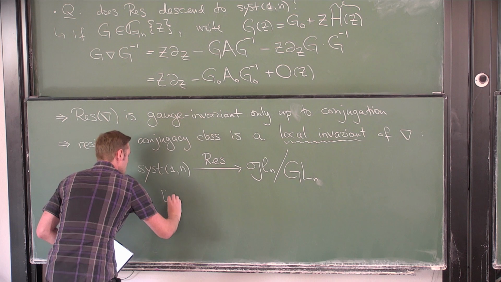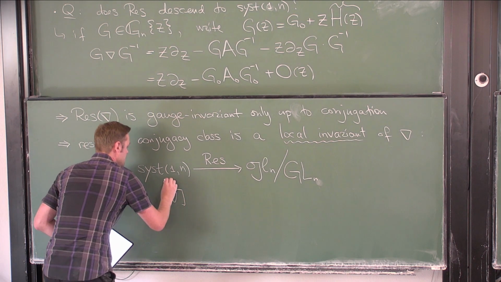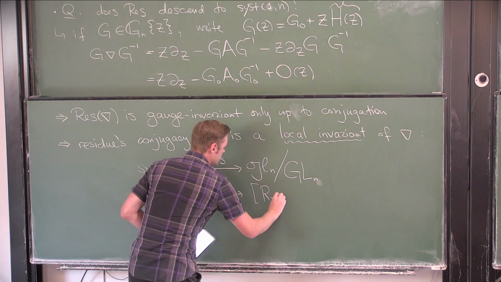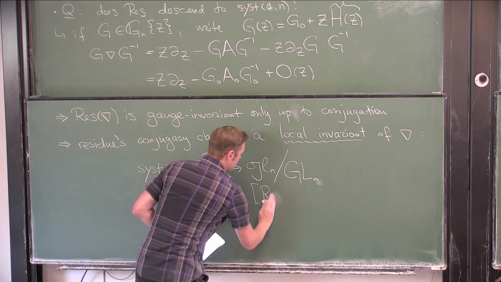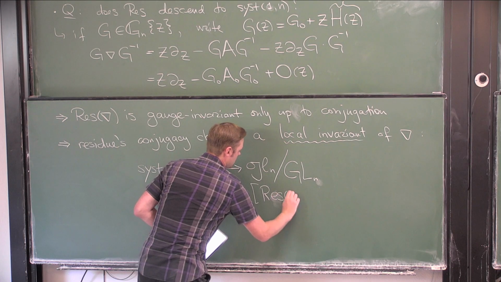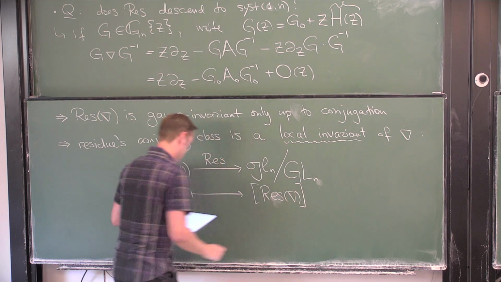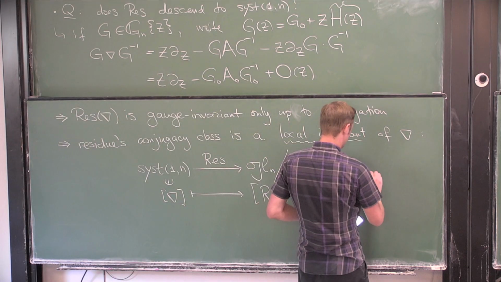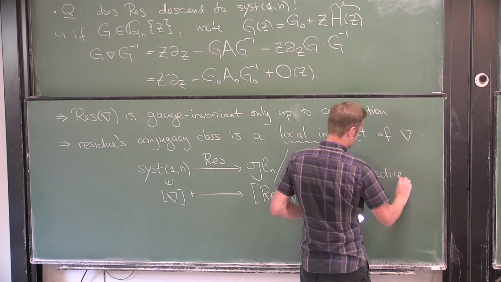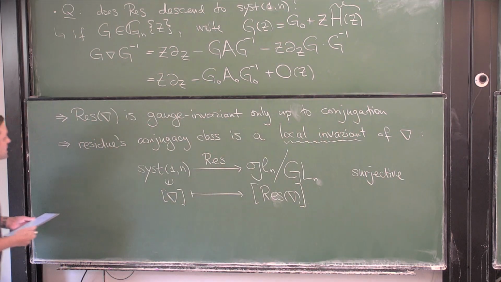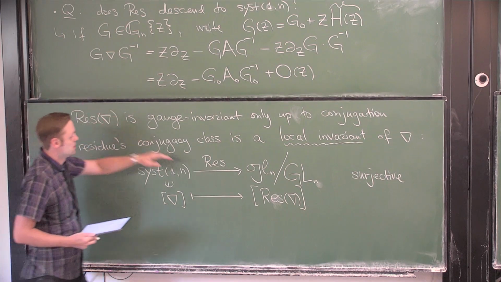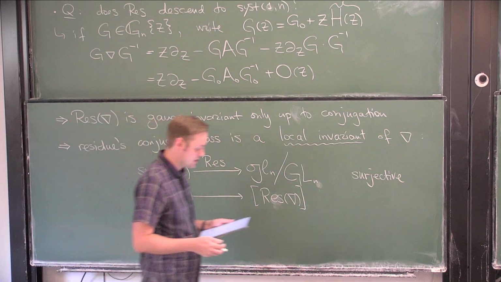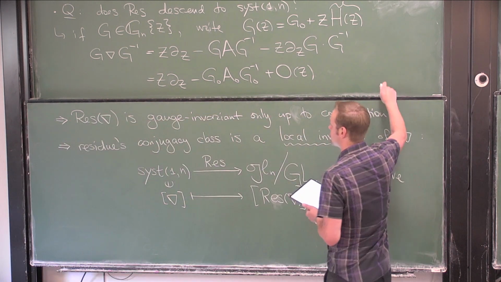So it takes the gauge equivalence class of a system and sends it to the conjugacy class of the residue. And this is in fact surjective, because I can realize any system whose residue is in that conjugacy class by choosing a conjugacy class.